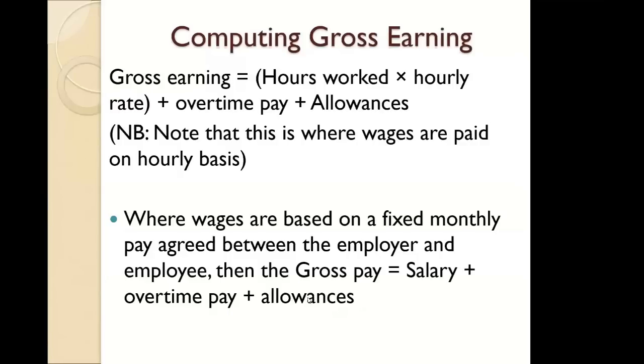Please note that these allowances you see here are monies directly paid to the worker, not tax allowance. For example, as a lecturer, the government is supposed to give me a bungalow to stay in on campus. But because the bungalows are few and it cannot reach everybody, I am staying off campus.